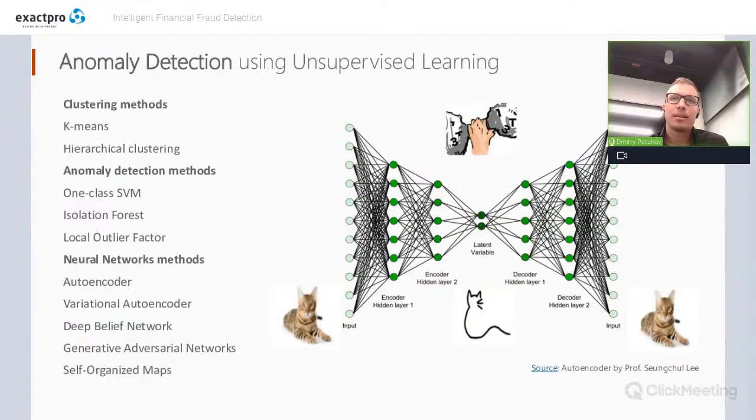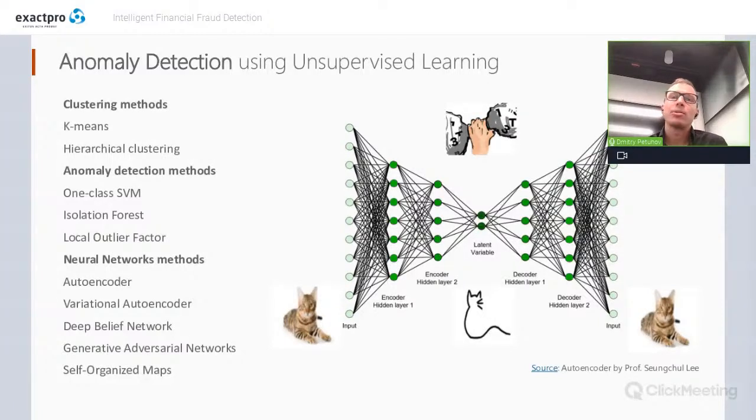And the discriminant neural network distinguishes cases generated by the generative neural network from real cases.